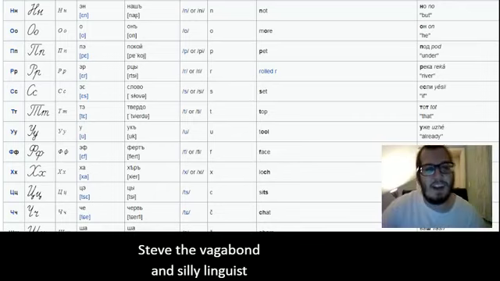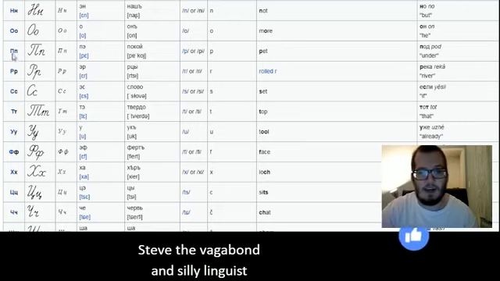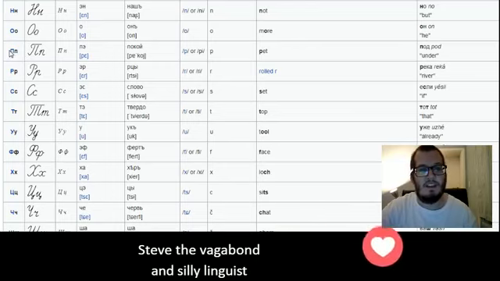So if you get something that looks like a P, it's actually an R. And if you get something that looks like the mathematical pi symbol, then you know that's a P sound.